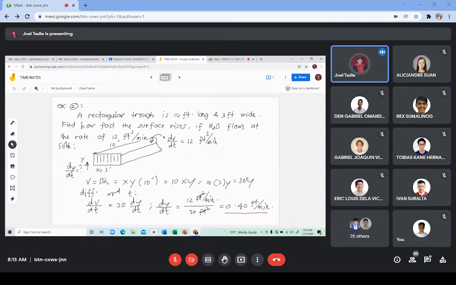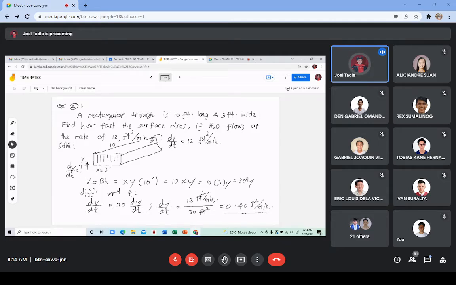We will fill it with water at a rate of 12 cubic feet per minute. So of course, as water flows in, the water rises, so we draw an arrow going upward.